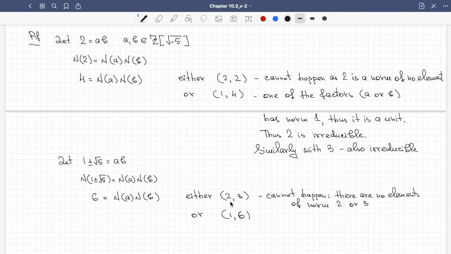And in this decomposition, one of the factors has norm 1.